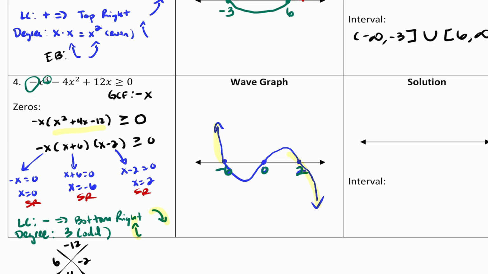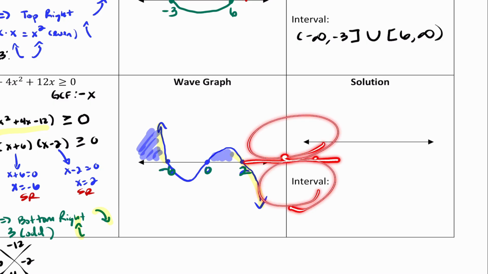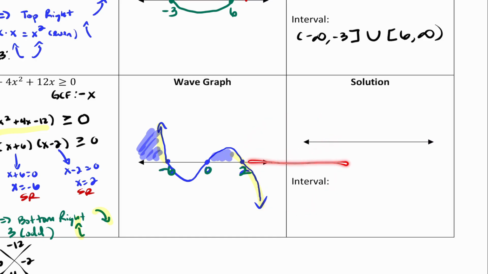So we need to shade here and here. We can't shade here because it's actually going down. And if we look, I would not be shading here, nor would I be shading here. But if I were to shade here, that means I need to be shading below the x-axis, okay? So just be careful with that one.